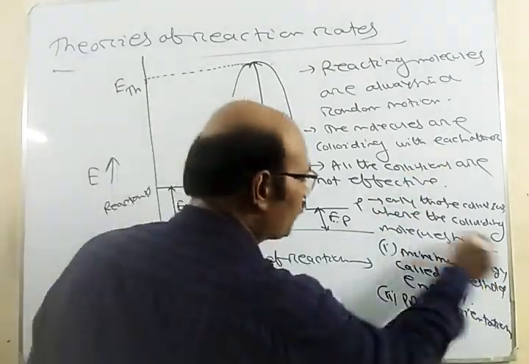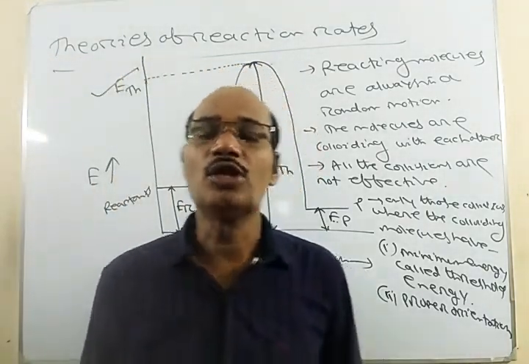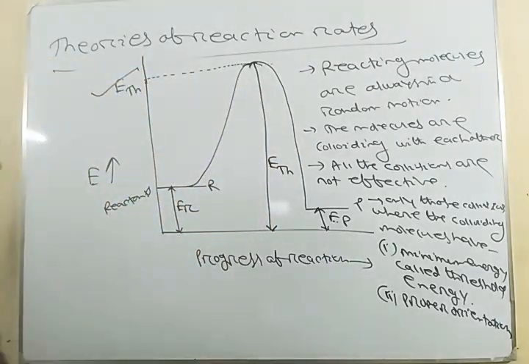And this minimum energy is called the threshold energy. So this is how the collision theory of reaction rate works.